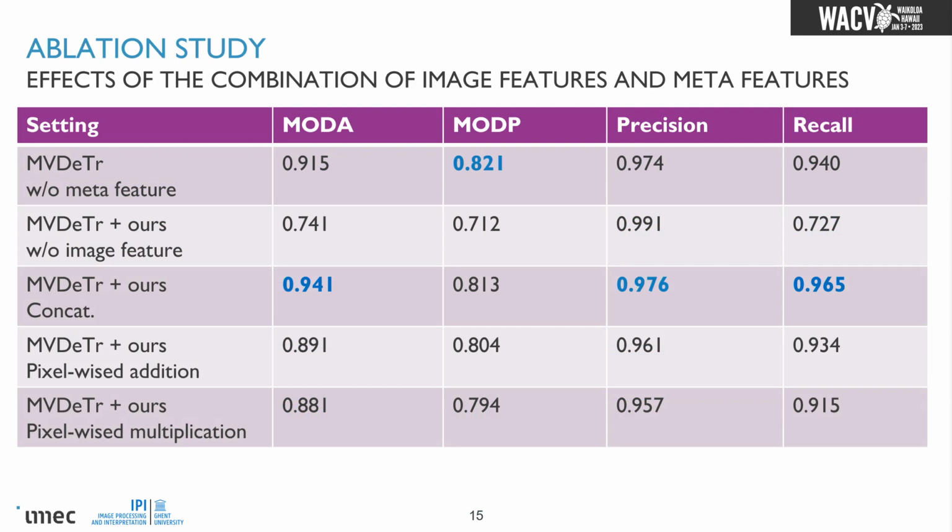And the second experiment is about how to combine the image features with our proposed auxiliary feature maps. We can see that without the original image features, there is a large performance reduction. That is because our proposed meta feature is only based on the single view detection. Once the single view detection fails to find the target, its feature will be dropped out.